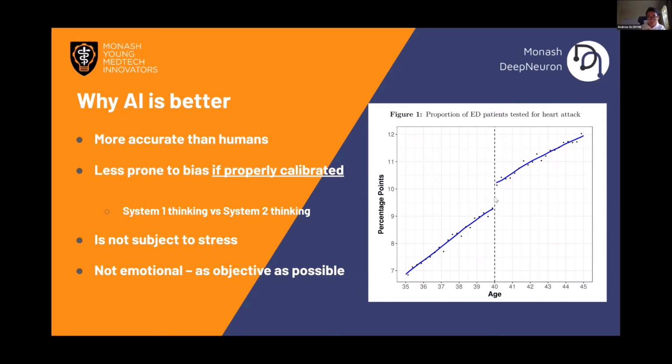But as you can see here, the probability of me getting prescribed a heart attack test is a lot different. So this is problematic because someone could arrive at the age of 40 with a relatively close probability of having a heart attack, but he or she wouldn't receive the test because the doctor thinks, oh, if you're not 40, there's no point for you to get the test.